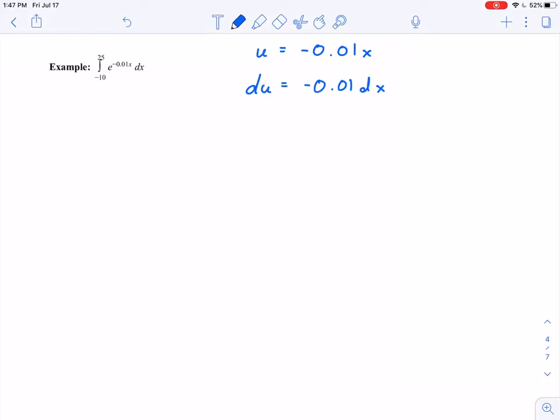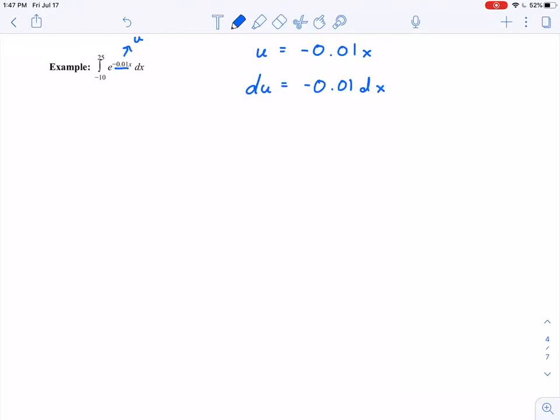So I say, okay, this power right here, that's my u. All I have is this dx left. So that means all I want in this expression is dx. I'd really like to get rid of that negative 0.01. So you could divide by negative 0.01 if you'd like.